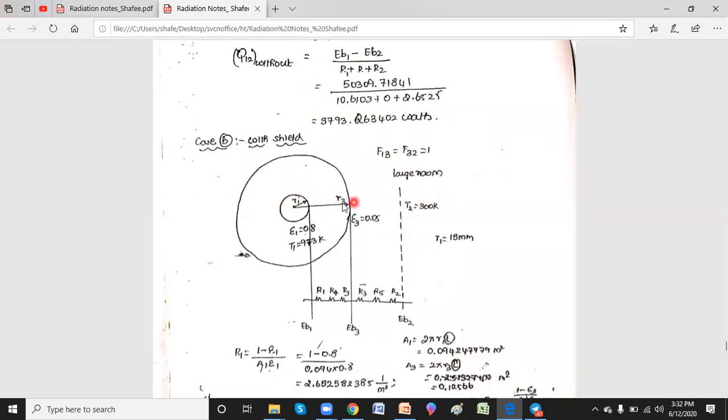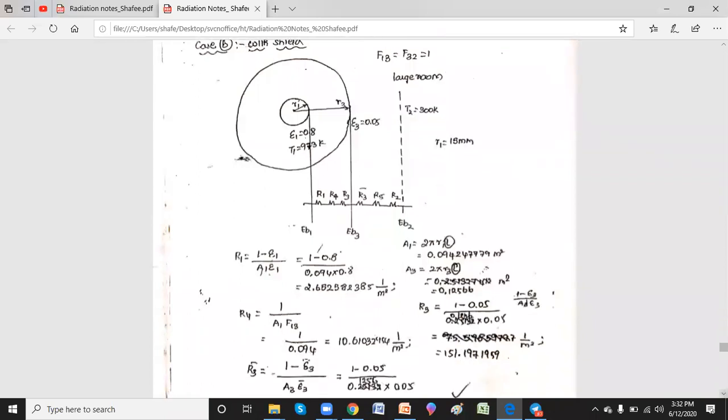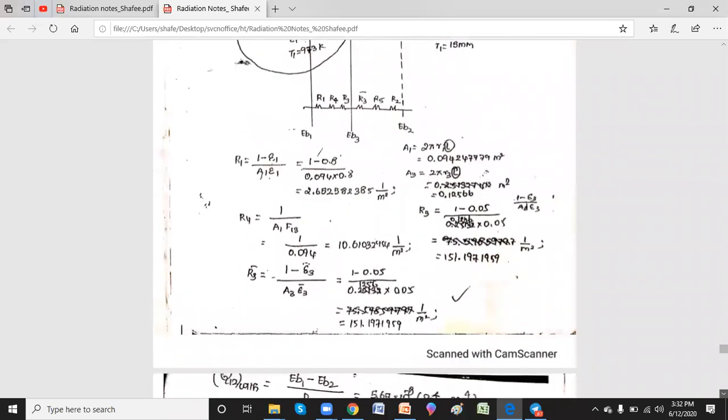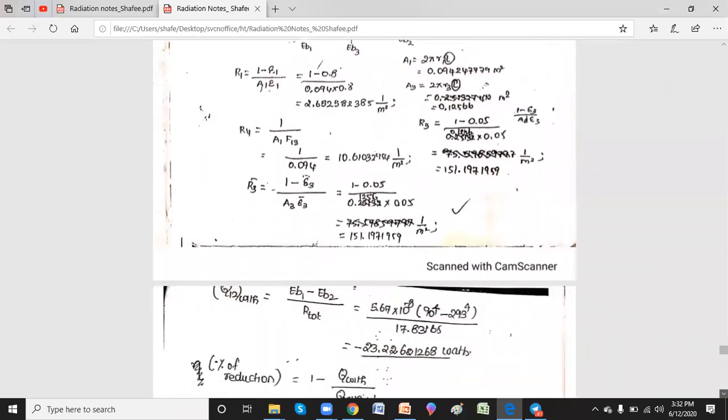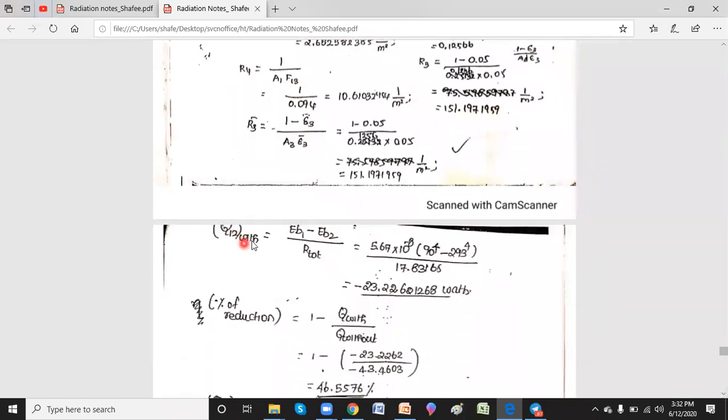Now 1, 3, 2. Similarly 1, 2, 3. The things I have discussed with the parallel planes and concentric spheres, the same thing, you just work it out. These are the resistances here. Once you take the combination of resistances and find it out, all the values are available. Just go through this problem. Then I can substitute all these values, and with the shield this is the value I got, minus 23.2 watts.